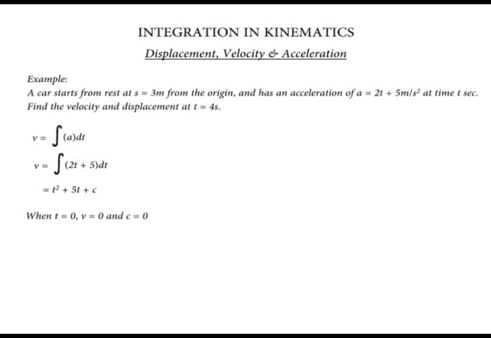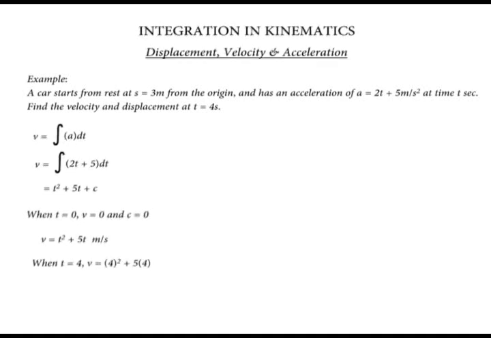So the expression for velocity as a function of time will be v equals t squared plus 5t meters per second. And therefore, when t is equal to 4, v will be equal to 4 squared plus 5 times 4, giving us 36 meters per second.